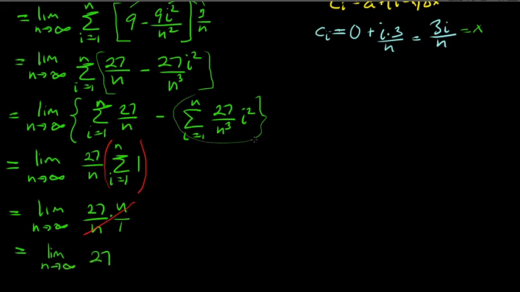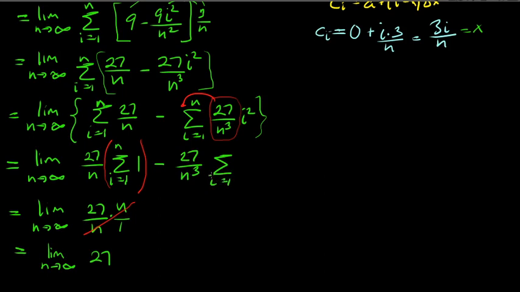Now we've got to look at all this over here. So what are we subtracting here? In this term, what's the constant is this 27 over n cubed. That can come outside of the sum. Now what are we adding up?